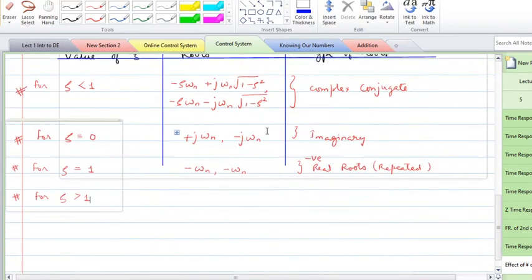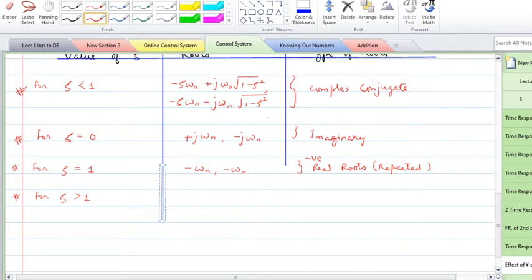Okay, so the first root will be minus zeta omega n plus omega n under root zeta square minus 1, and the second root will be minus zeta omega n minus omega n under root zeta square minus 1. Okay, that is, you can say different real roots.